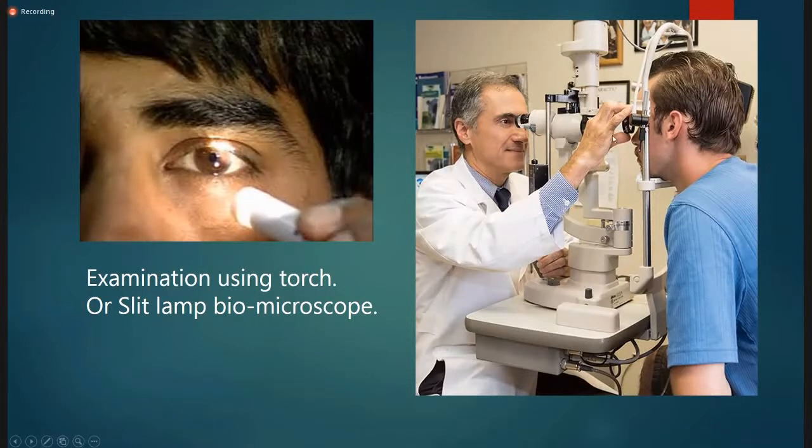And this is the figure. You can see this doctor is examining the patient with the help of a slit lamp. Here you can see a 90 diopter lens or some lens. With the help of this lens, he can see up till the retina. Our topic remains up to the lens examination.